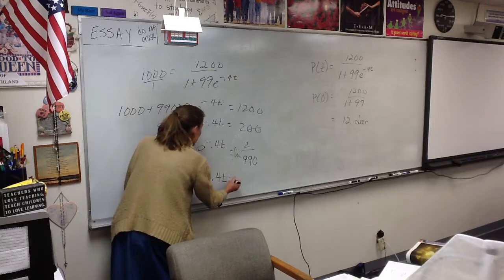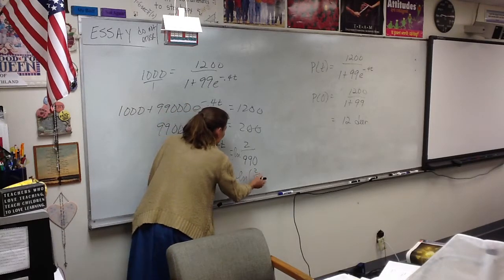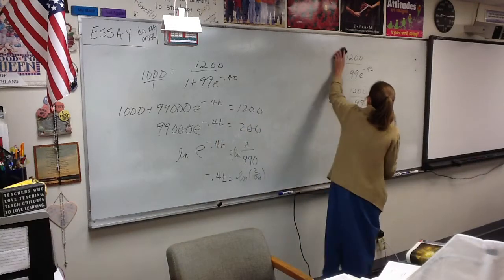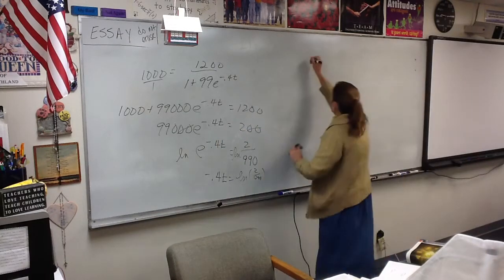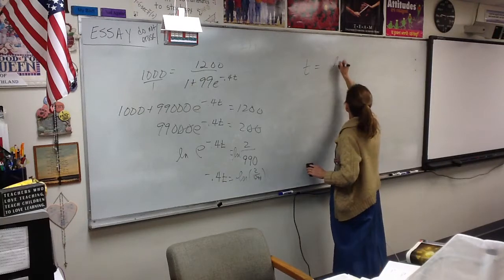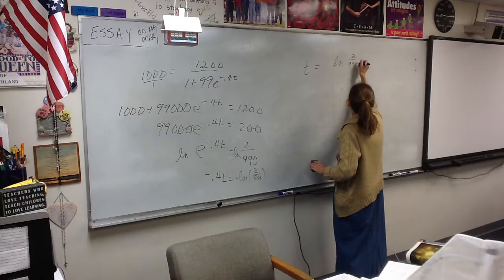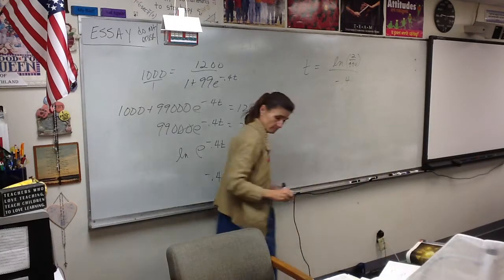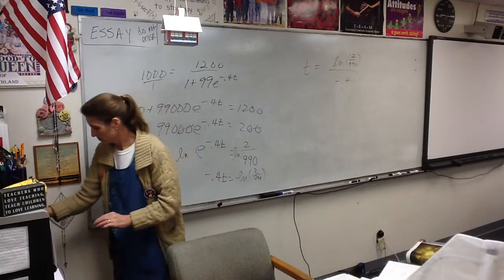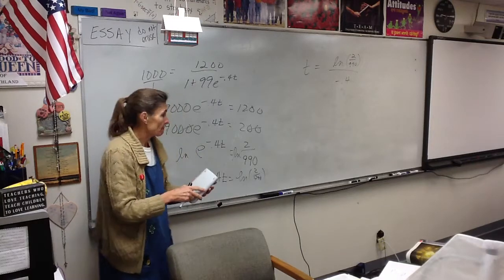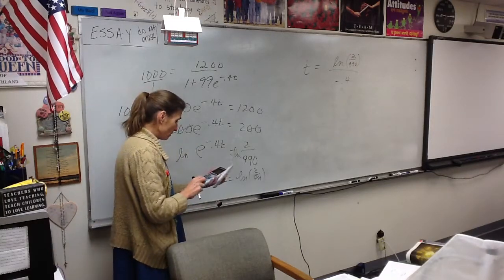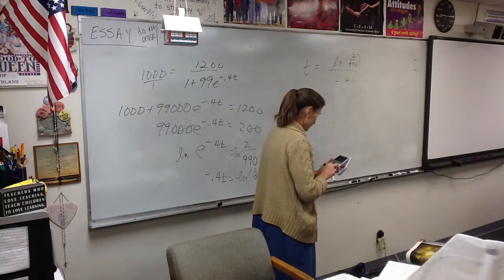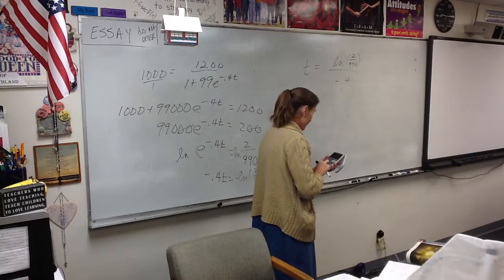Negative 0.4t equals ln 2 over 990. So t equals ln 2 over 990 divided by negative 0.4. So that will be ln of 2 divided by 990, divided by negative 0.4.